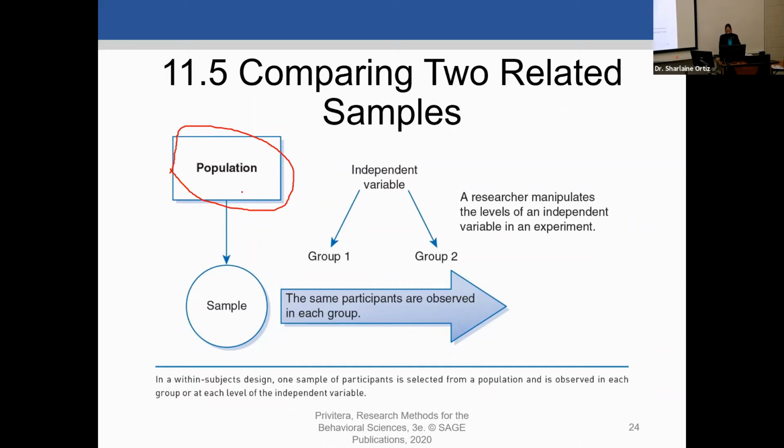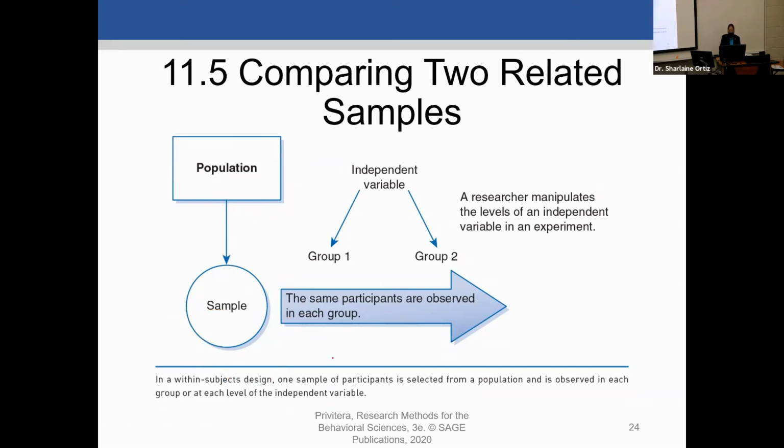Now, I want to take you on this journey and start thinking about, okay, this is the population that I am interested in. How am I going to draw that sample? And again, a sample is that part of the population, hopefully representative. But remember, this specific illustration is geared towards the within subjects design.